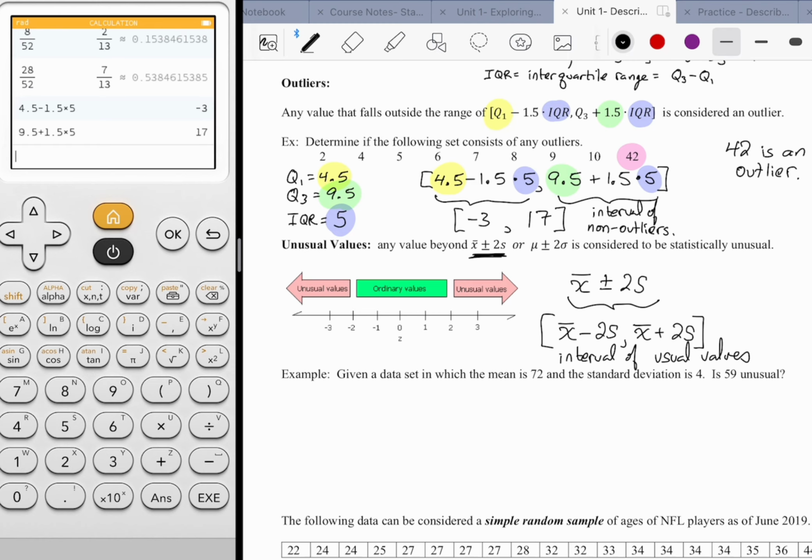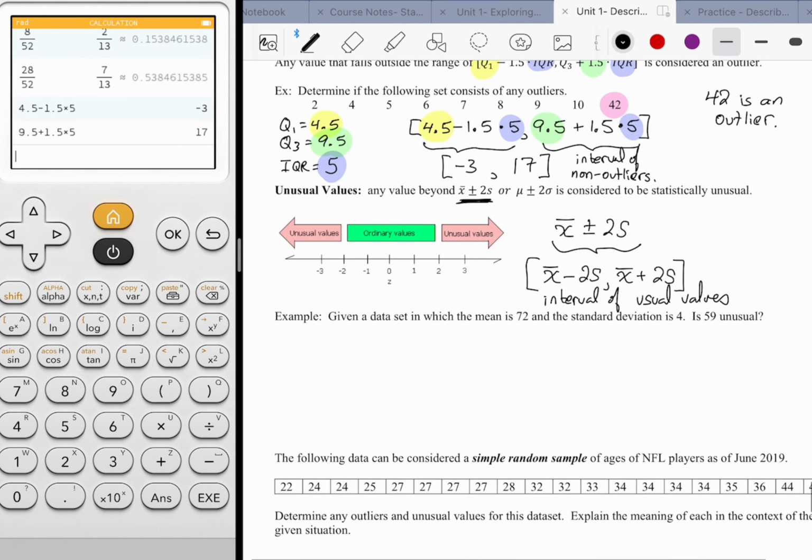So I'm given a mean of X bar and a standard deviation of 4. Oh, well, the mean X bar is 72. Standard deviation S is 4. So they give me those numbers. All I got to do is pop them in my expression here.